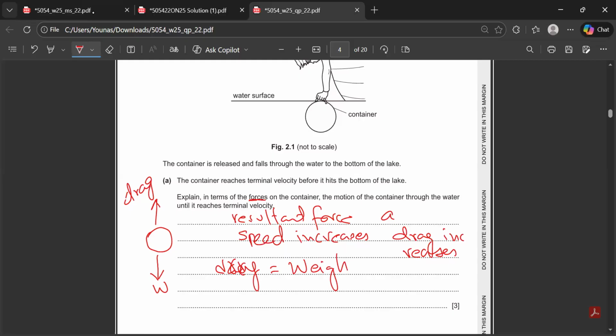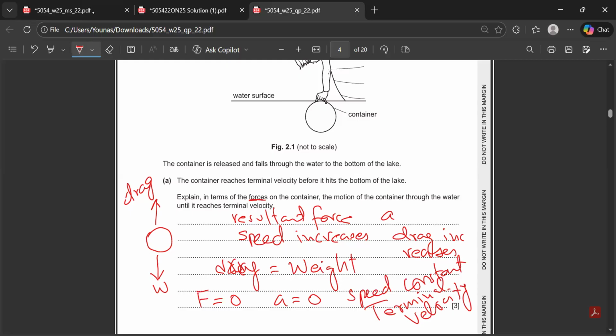When the drag becomes equal to the weight, the resultant force will become zero, the acceleration will become zero, and the speed will become constant because the forces are balanced now. And that is called the terminal velocity. You see, terminal velocity is gained when the forces acting on that body are balanced. In this case, the drag will become equal to the weight.